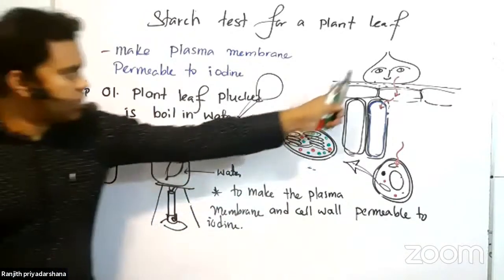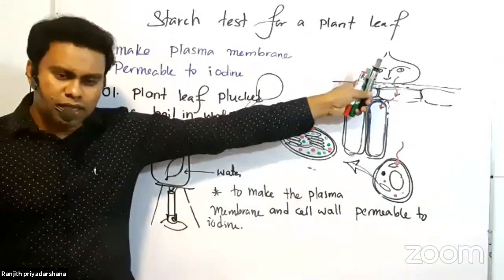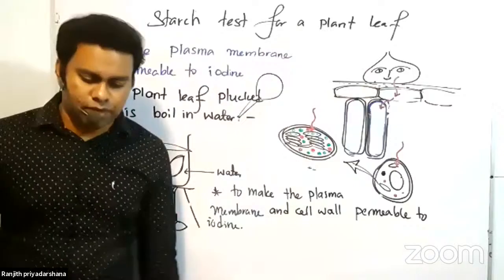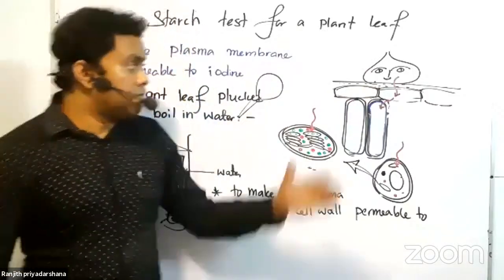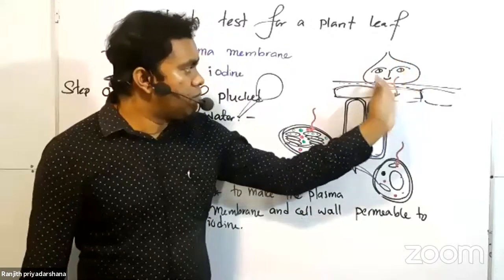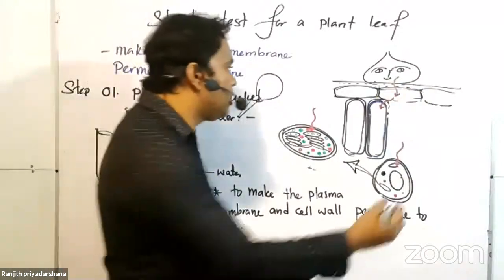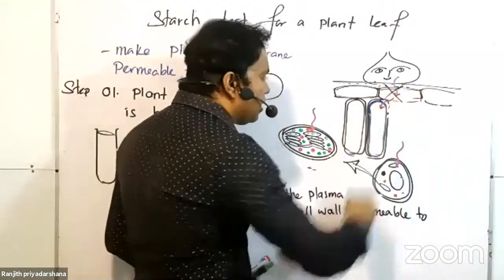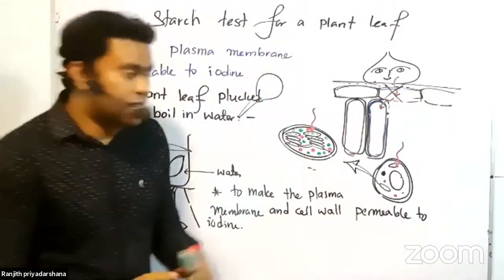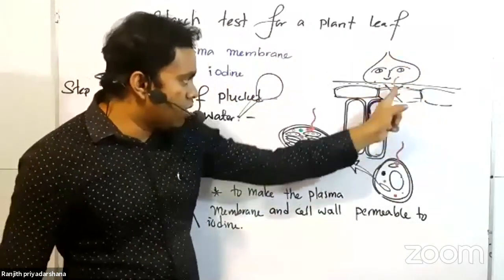Take a print screen of this. This is the image stored in your memory. So that's your memory map. Memory developed image. So this iodine cannot move across this because of the existence of the plasma membrane in a living cell. So this is the cross section of a plant leaf.